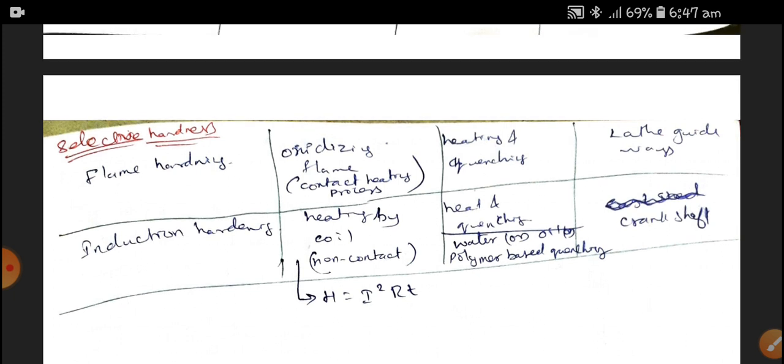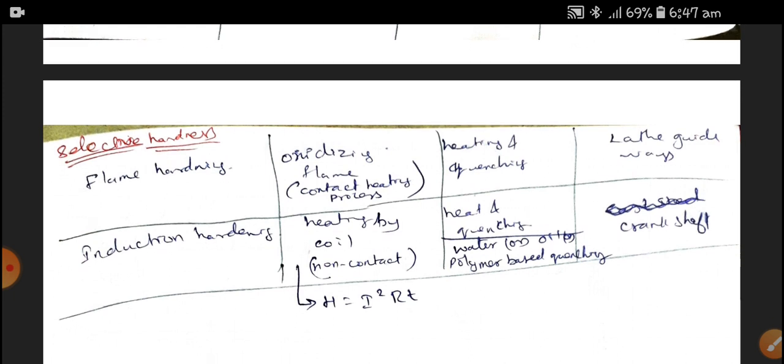This oxidizing flame directly touches the material which we are going to make hard, and this is a process of continuous heating and quenching. Therefore, the selective surface is being treated or hardened. This type of process is applied in machine tool guideways as well as lathe guideways.